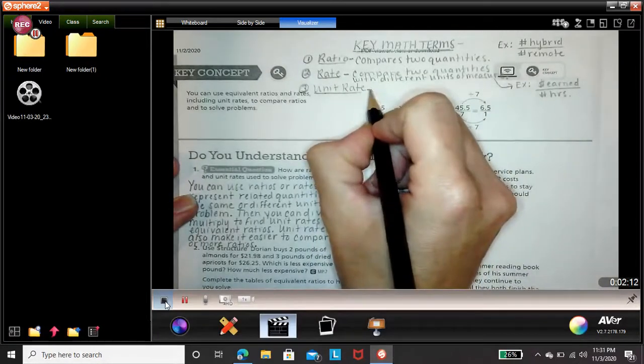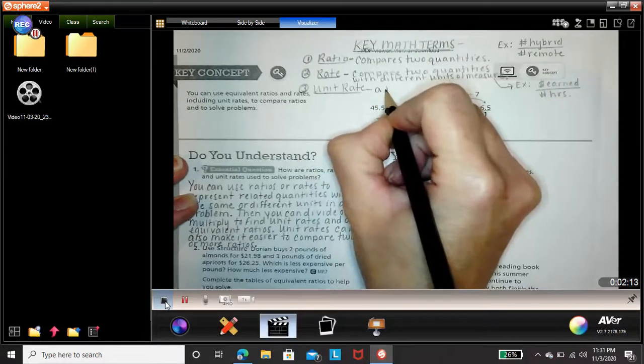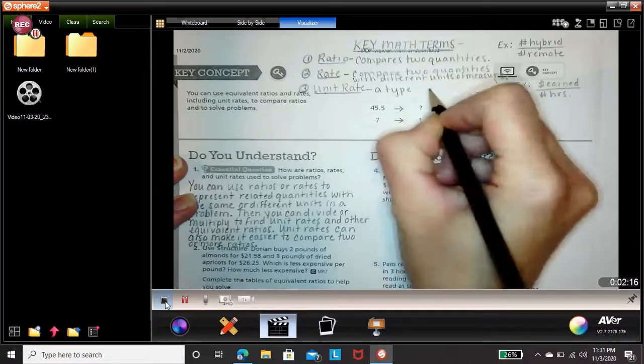Finally, a unit rate is a type of rate with a denominator of 1.